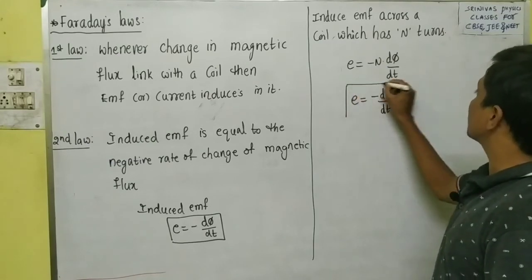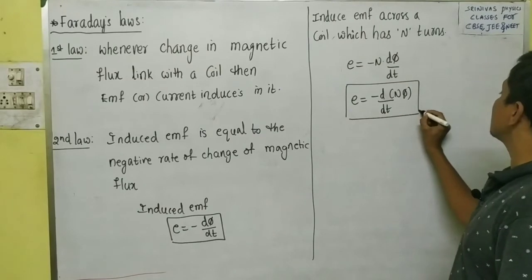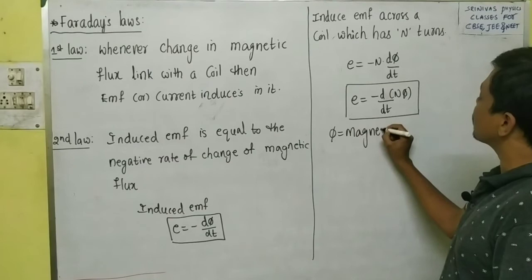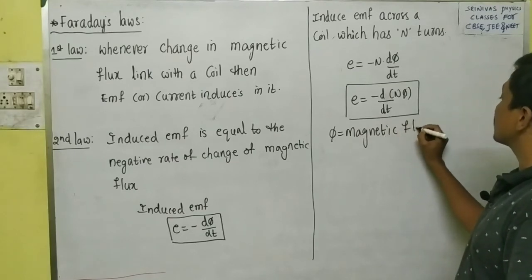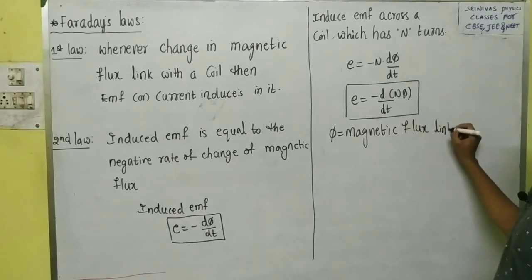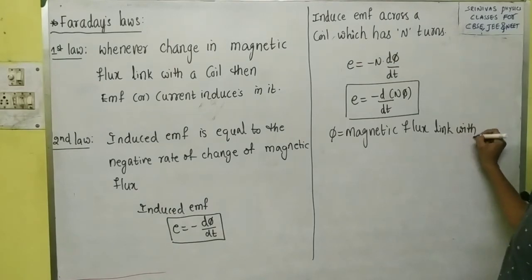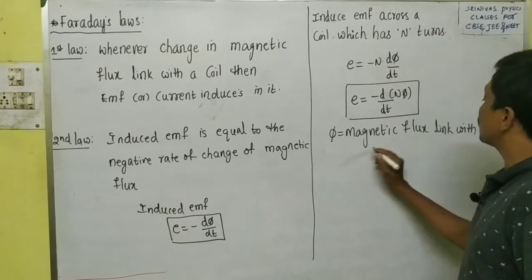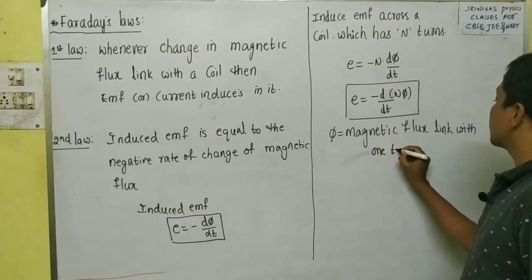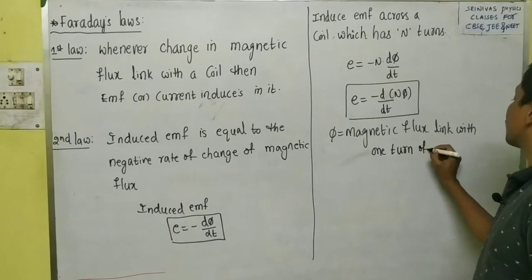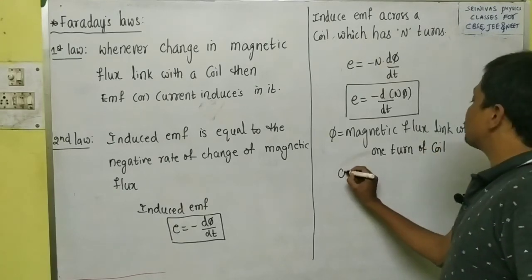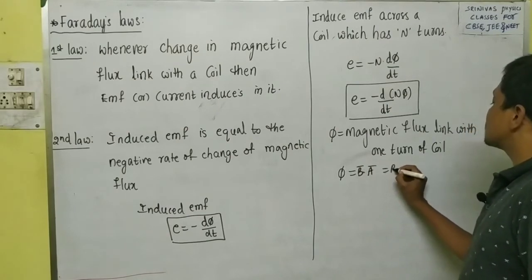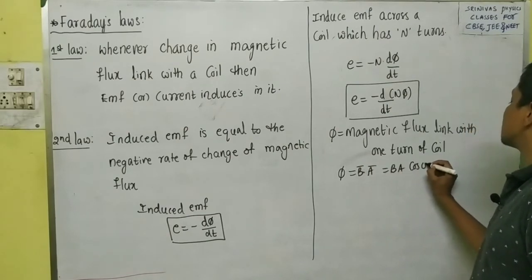Let us see what phi is here. Phi is the magnetic flux linked with only one loop, that is, linked with each turn, only one turn of the coil. The formula for phi is B bar dot A bar, which is BA cos theta.